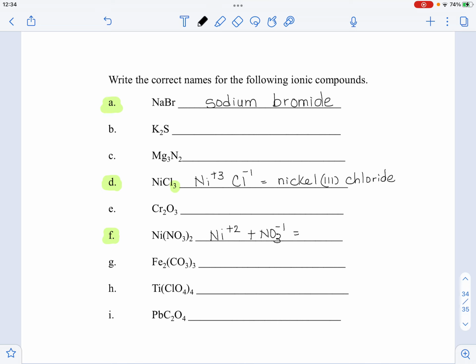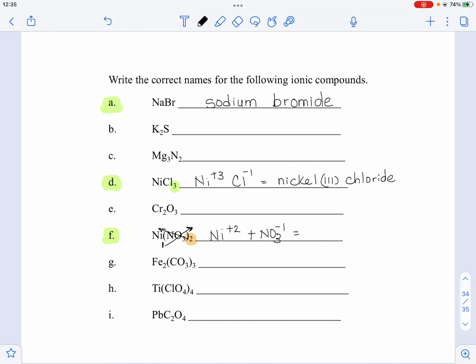For those of you wondering where I'm getting this plus 2, plus 3, pay attention to the chemical formula, because that's where you see it. This 2 outside the parentheses of the nitrate used to be the charge of nickel. The 1 that is omitted right here is the charge that used to be at the nitrate. Remember that the first element makes a cation, and the second element or group of elements makes an anion. So that's where I got those charges.